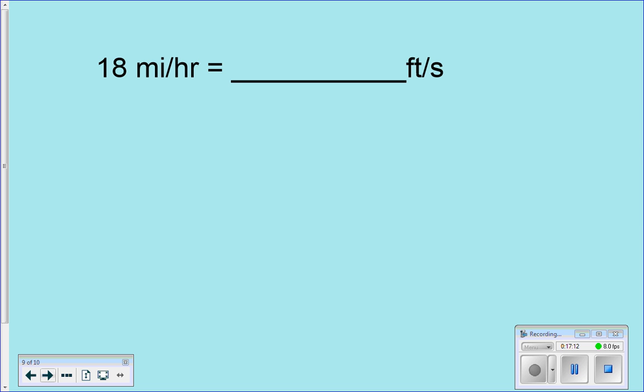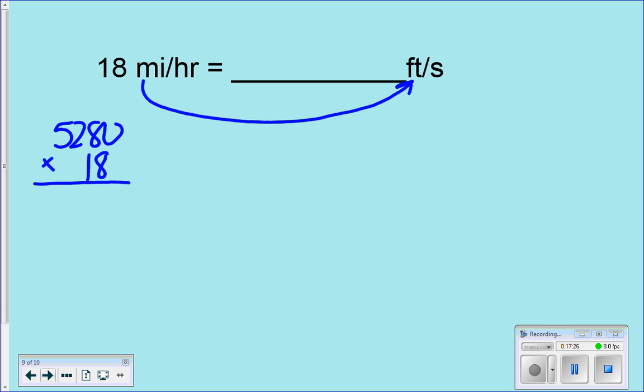All right, so 18 miles an hour, and I'm going to change it to feet per second. So first thing I'm going to do, I'm going to change this miles to feet. 3,600, yeah, if you want to do it that way.